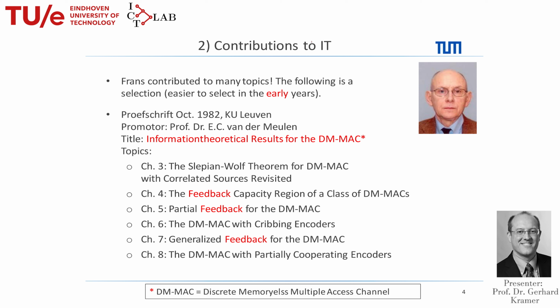The title was already mentioned, where the DMMAC here is a pair of acronyms that appears a lot: discrete memoryless multiple access channels. Han already mentioned that. I here give just a list of the chapters with technical content. The first one has to do with a Slepian-Wolf theorem, not of the compression type.